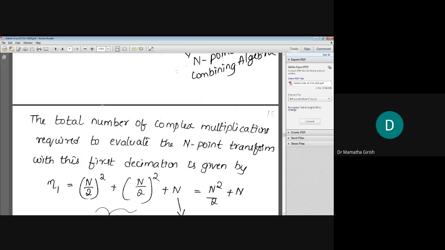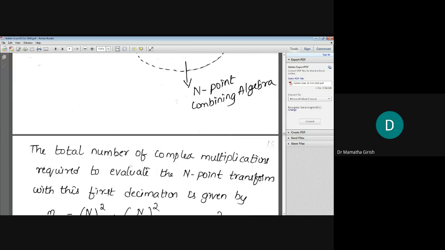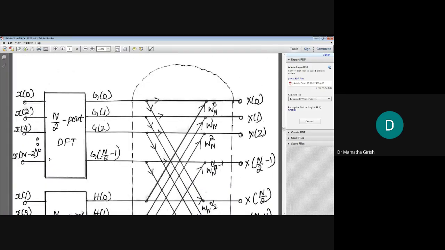Time being, the total number of complex multiplications required to evaluate the N-point transform after the first stage of decimation is given by this formula: eta 1 is equal to (N/2) whole square plus (N/2) whole square plus N. From where did I get this? Very simple. Get back to this structure.